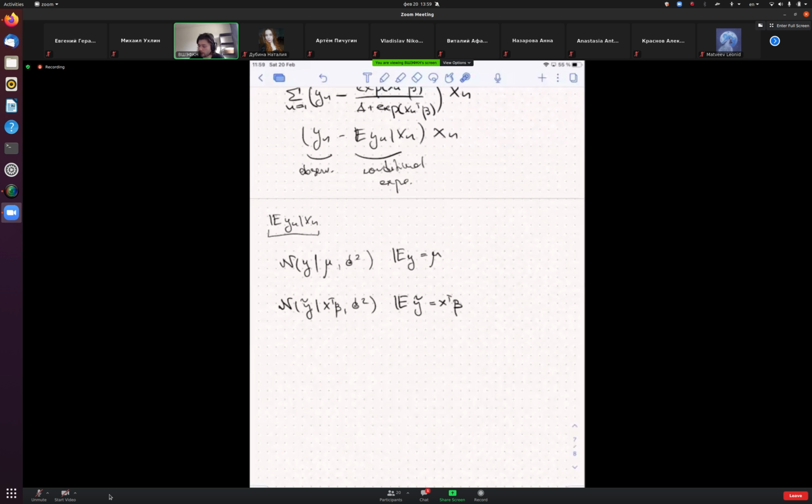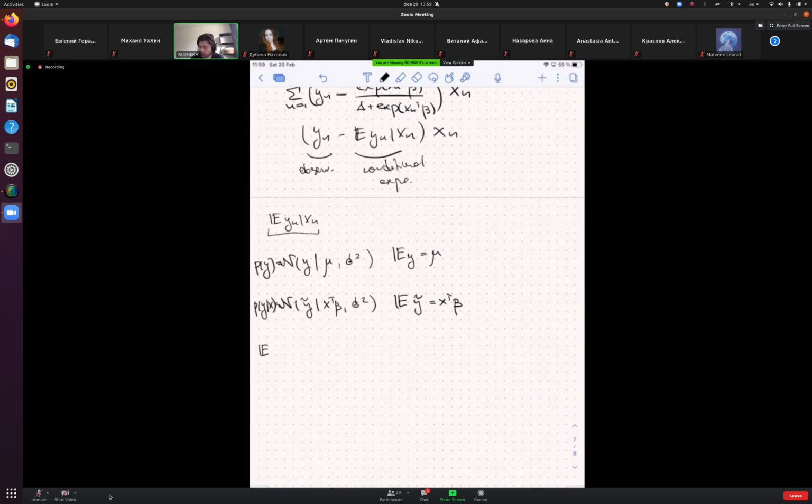You see here that we find this expectation when we were given information about features. Then we could say that this was the distribution of y, and this was the distribution of y given x. So we could take the expectation of y conditional on x.